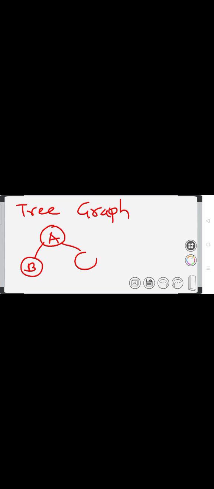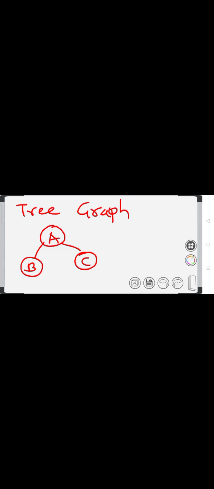There is a difference between a tree and a graph. We have to understand the difference first. What is the difference between a tree and a graph? If you draw any tree, it will be in this fashion. We have different nodes and they are connected. But if you observe this diagram very closely, you can see that this tree does not have any cycle.